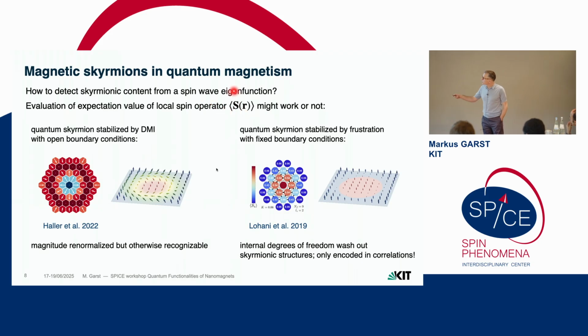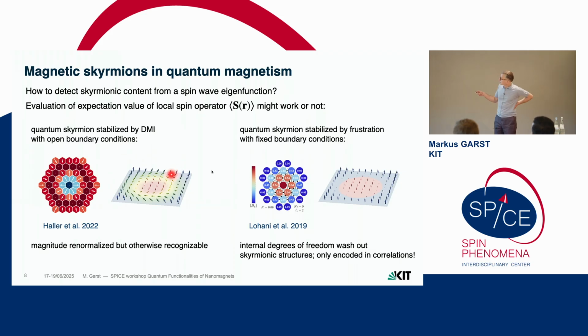What this picture is showing is essentially the expectation value of the local spin operator. Importantly, this was obtained using very specific boundary conditions. They used open boundary conditions and looked at a Hamiltonian with Dzyaloshinskii-Moriya interaction.